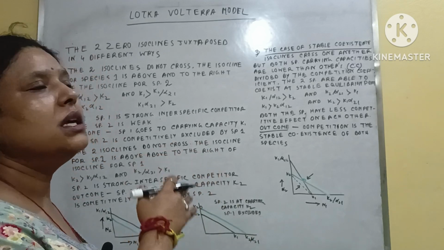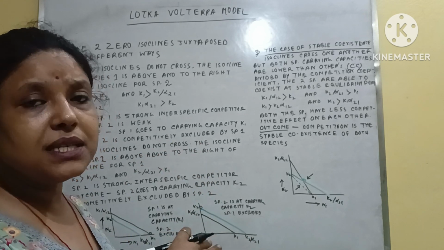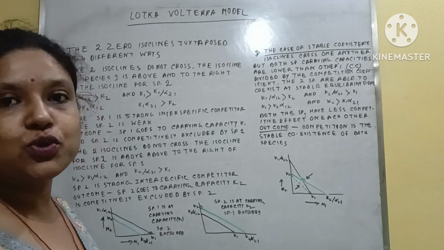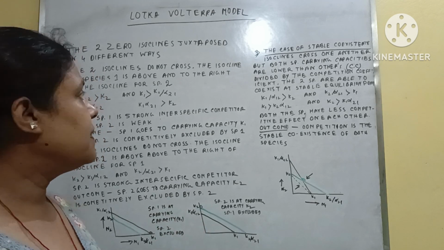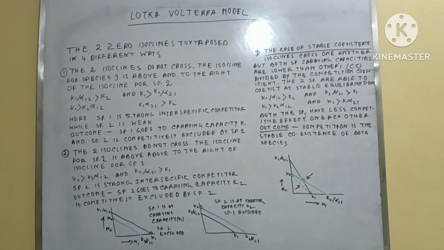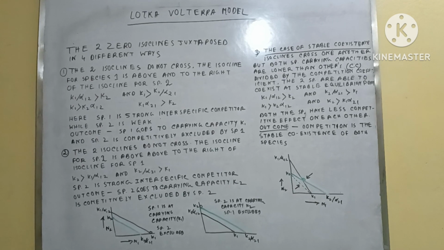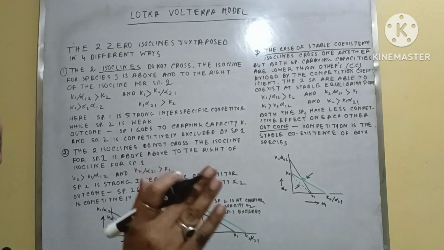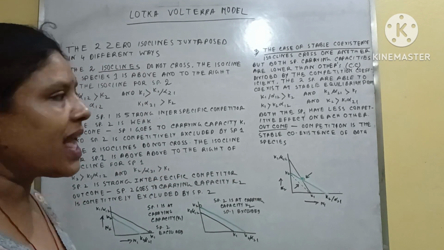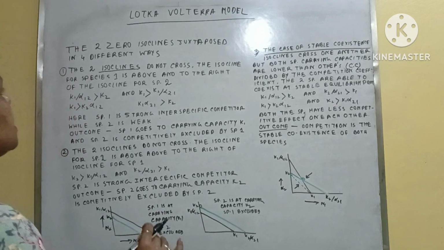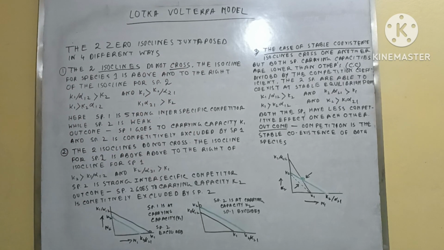Then you can see this video, where I try to explain the different cases related to this model. Here are the two species, 1 and 2. In the first case, the two isoclines, one for species 1 and another for species 2, do not cross each other.